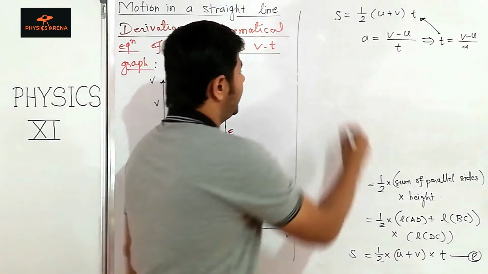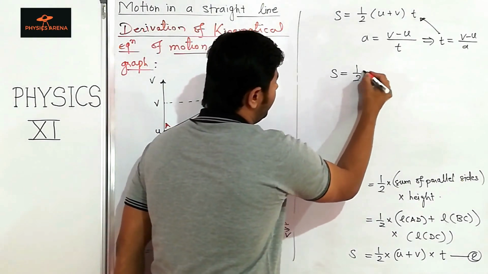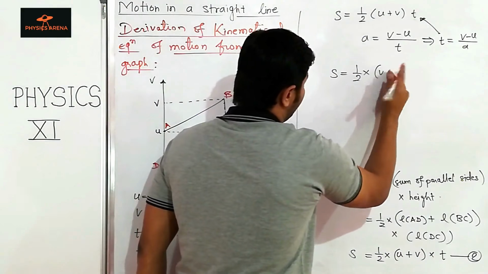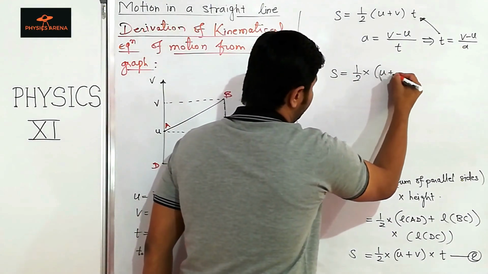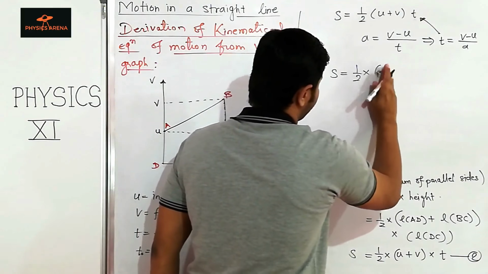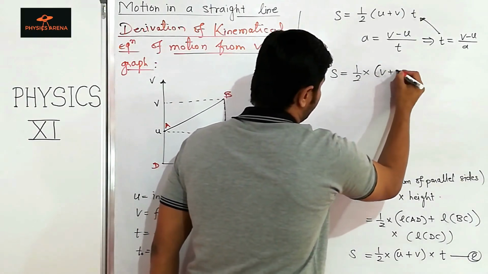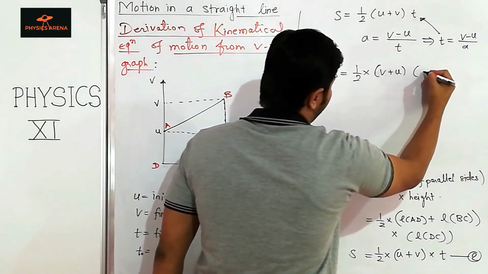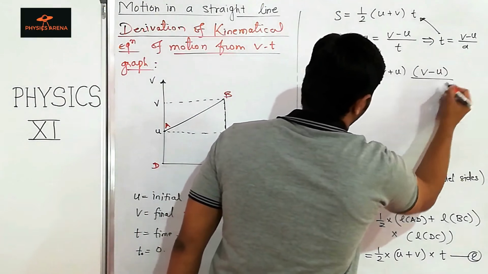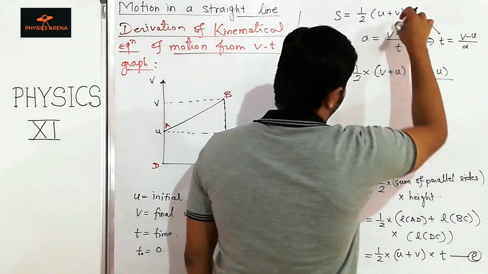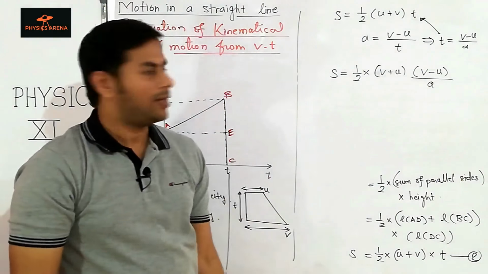So what do I get? S equals half of (u plus v, or v plus u) multiplied by (v minus u) divided by a. I substituted for time there.